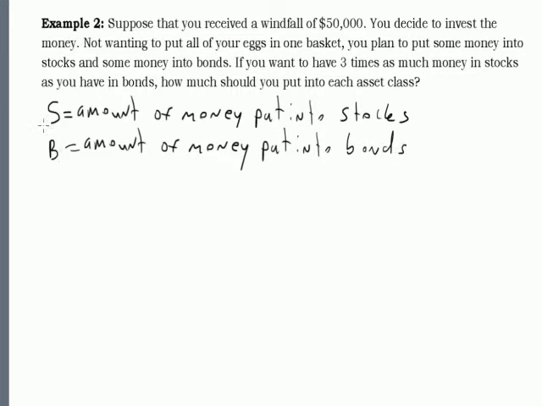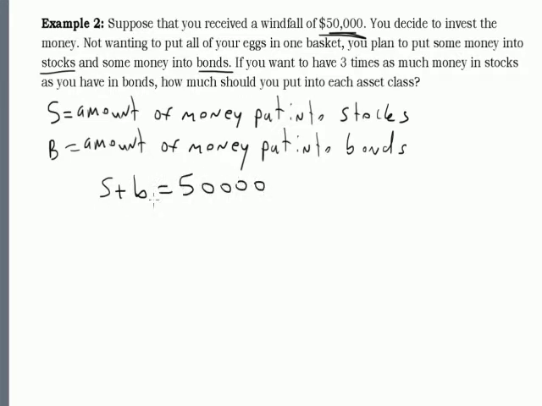Alright, so I have S is the amount of money put into stocks, and B is the amount of money put into bonds. The first equation, or the first line that will help us here, is to notice I got a total of $50,000. If you read through here, you're putting some in stocks and some in bonds. Well, I'm pretty sure that's telling me that S plus B will equal 50,000.